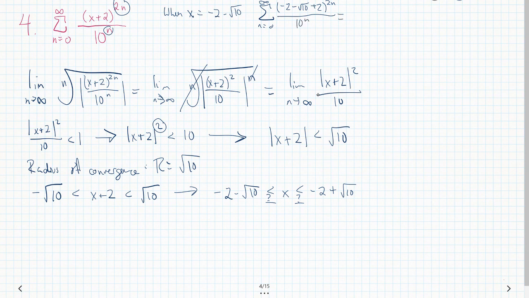Well, notice that the -2 and +2 cancel. You'll have a negative square root of 10 raised to the second power, so this just becomes 10 to the n. So this is summation n equals 0 to infinity of just 1. Once again, we know this diverges by the test for divergence.